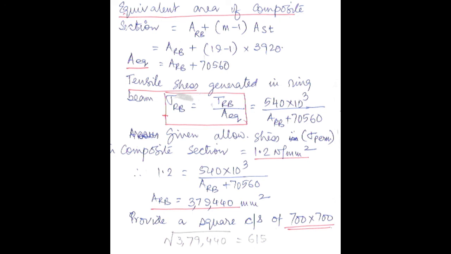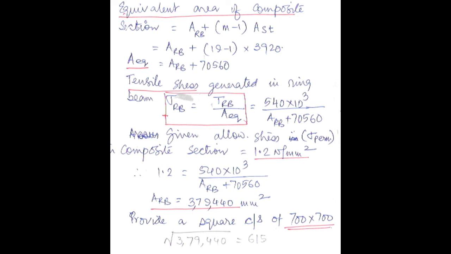From here we are getting the area of the ring beam ARB equal to 379,440 millimeter square. Now assume that you are giving a square cross section for the ring beam, so you take the square root of this value.